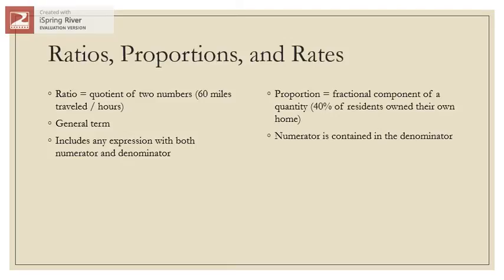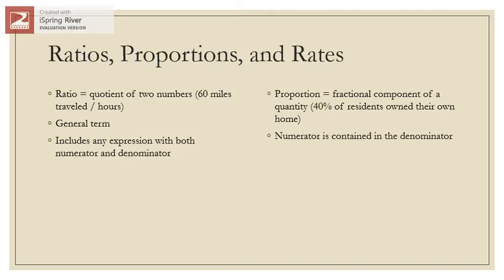A proportion is a little bit different. A proportion is always a ratio because a proportion is also a fraction, but it's a specific type of fraction. This is a fraction in which the numerator is contained in the denominator. For instance, 40% of residents own their own home.